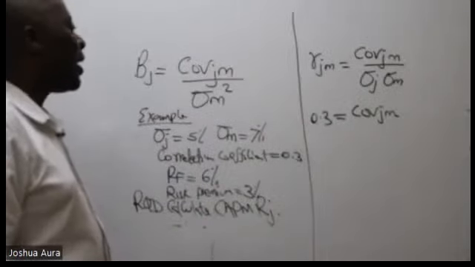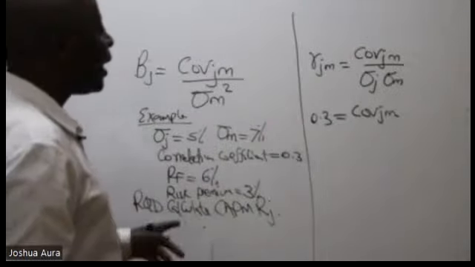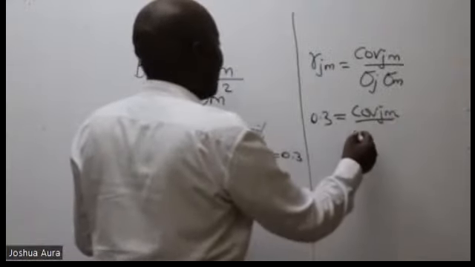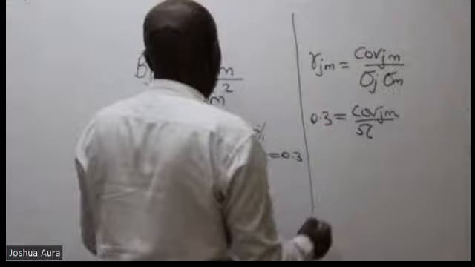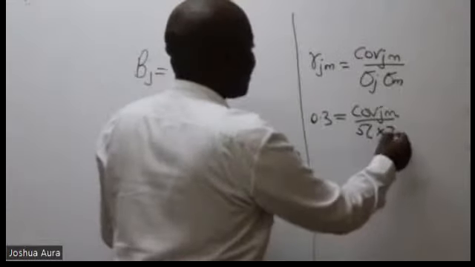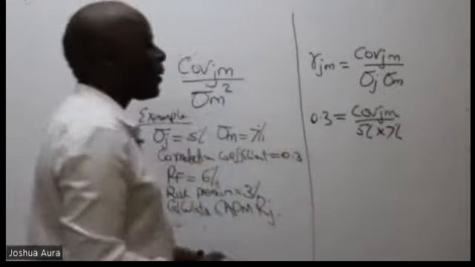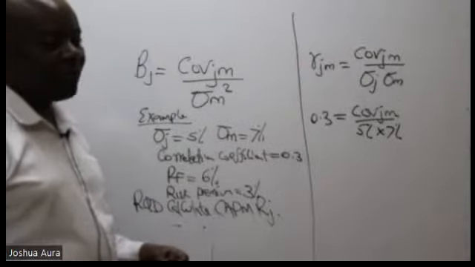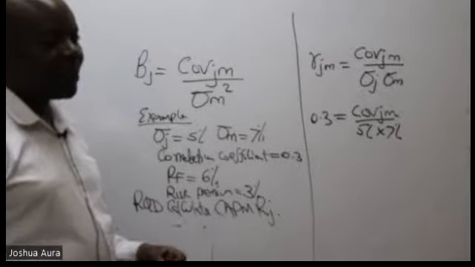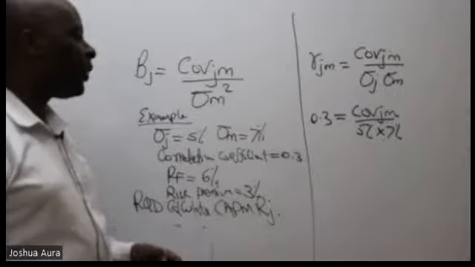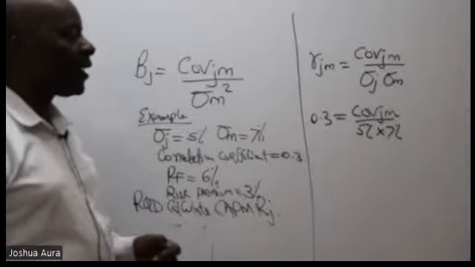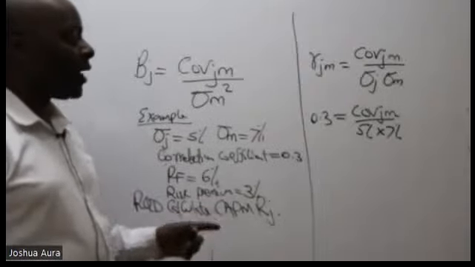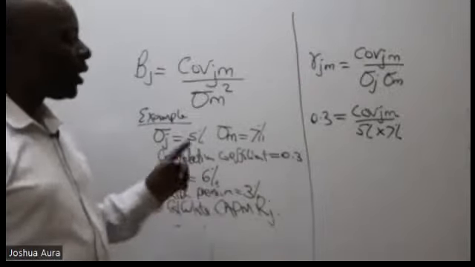Divide this by the standard deviations, which we have here as 5% and 7%. So out of these, I should be able to get the covariance.